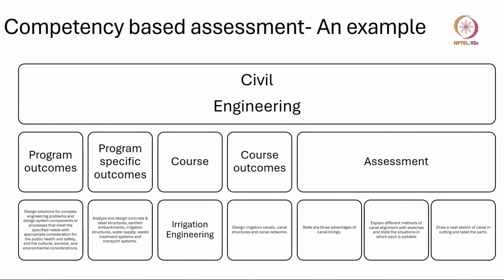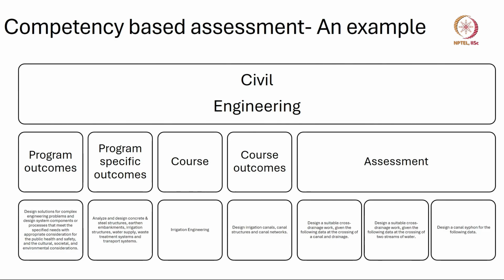Now let us look into another set of examples for the same course. For the same course, we have three new assessment tasks. Let us see how these assessment tasks are and if they are actually assessing what they intend to assess.